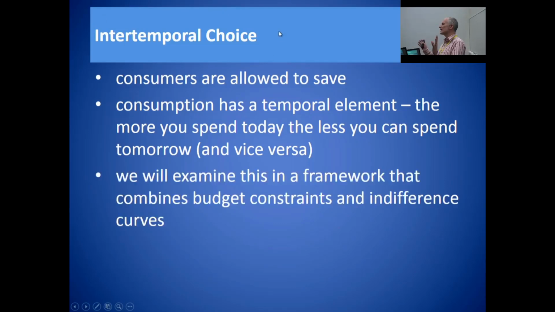Now, the basic setup of what we're going to do doesn't change an awful lot. Well, the details change, but the overall framework and the essence of it, the way that we build it up, doesn't change. What we're going to do is define a budget constraint. But not a budget constraint that you would have seen before, but rather an intertemporal budget constraint.